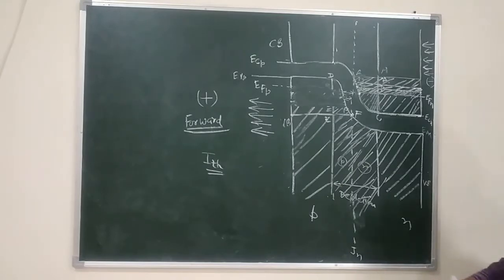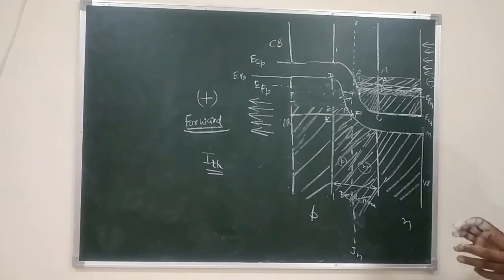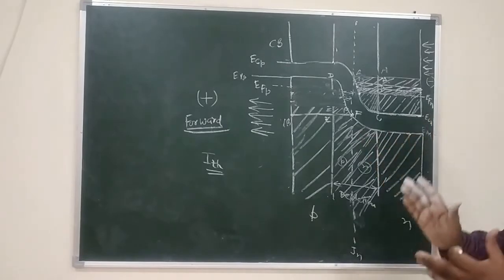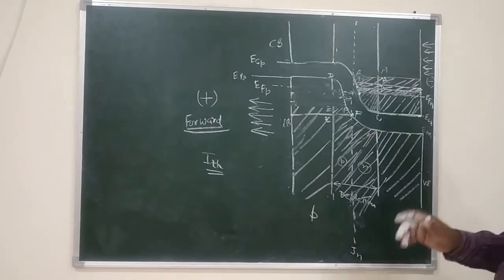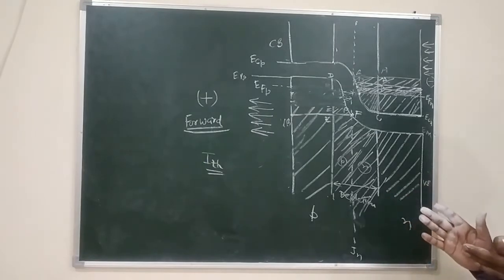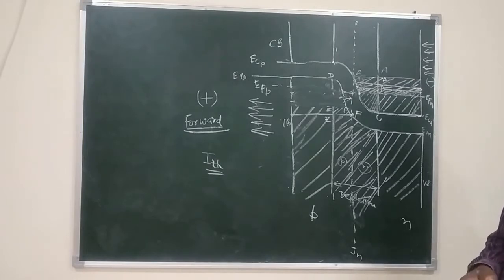So from this working, we can very easily define that threshold current is that current at which the donor band and acceptor band just touch the junction. At that current, donor band and acceptor band both touch the junction. So that is the threshold current. There is another definition of threshold current that I will tell you two minutes later. Let me first finish this discussion.